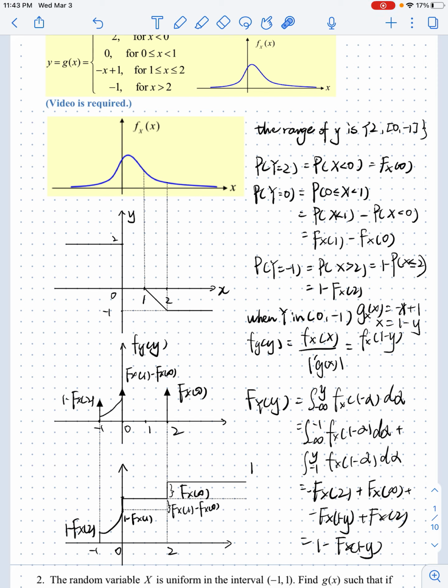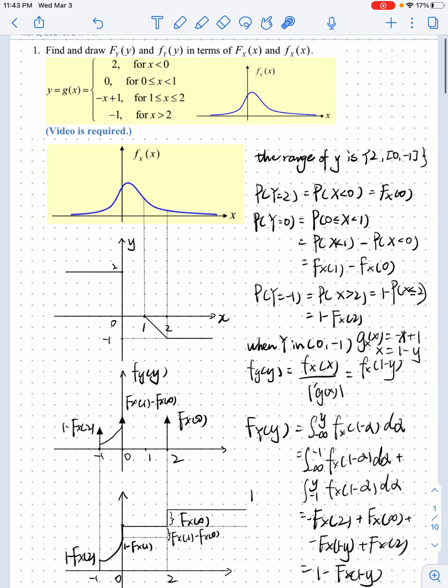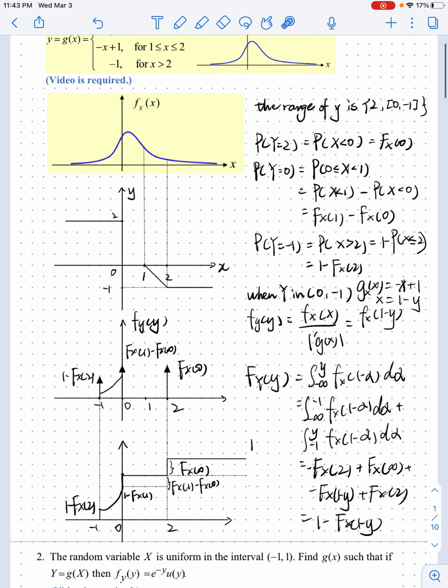To do the integration, we can separate it into negative infinity to -1 and -1 to y, because it would be different when y is smaller than -1, and that's why we need to separate the negative infinity to y.